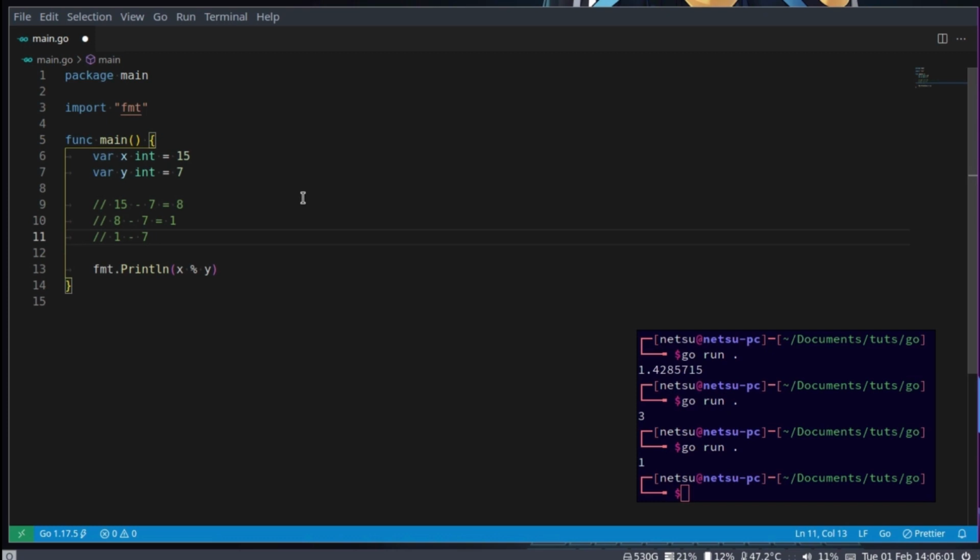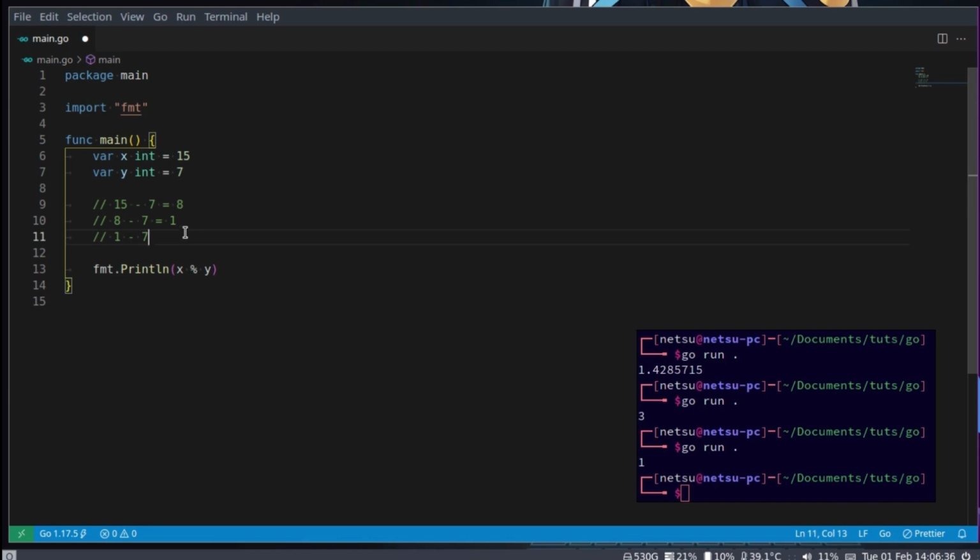But if we were to minus it again, then it would be less than 0. So it returns this, 1. So it returns anything 0 and up. It's basically what's left over after division. That's a very basic way to explain it, but it's how it works in a sense.